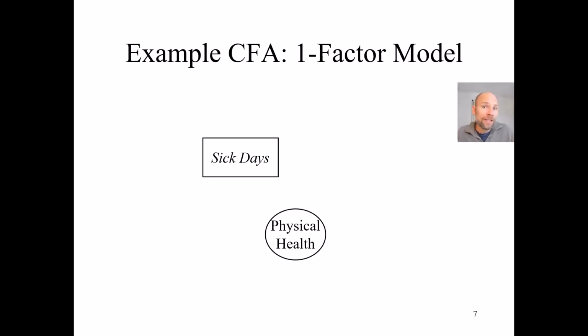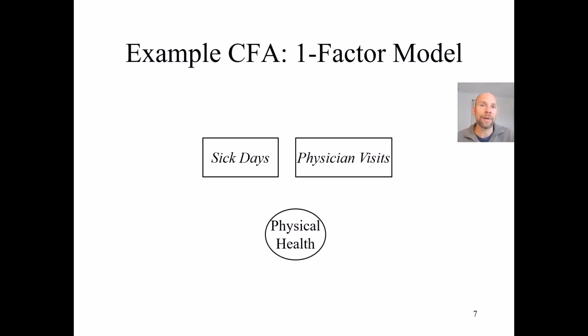So we could ask the individuals to rate or report how many days were you sick in the past year. And obviously that's not measured with perfect reliability because individuals may not recall, they may not have a perfect record of how many days they were sick. So there's definitely some unreliability involved here. And then as a result, we would want to have at least one other measure of physical health and not just rely on the likely not so reliable, or at least not perfectly reliable, measure of sick days.